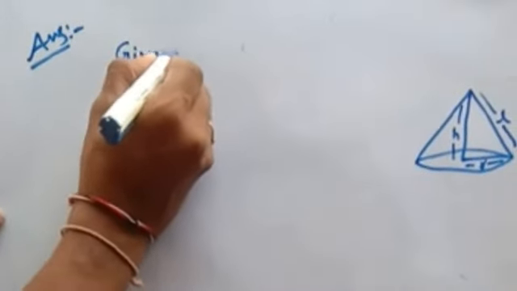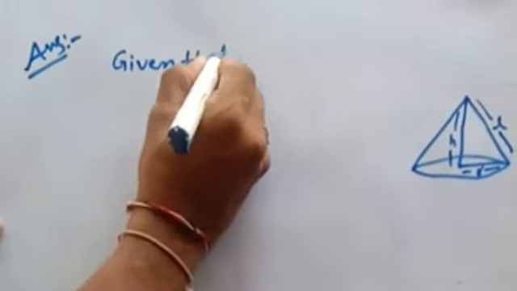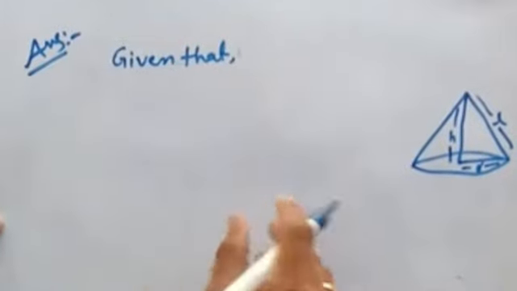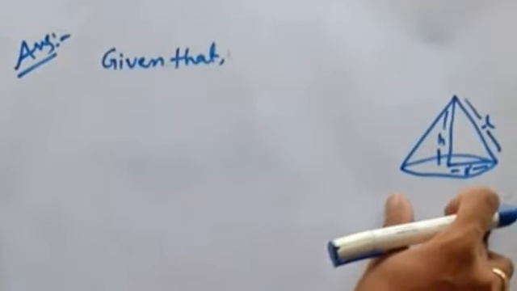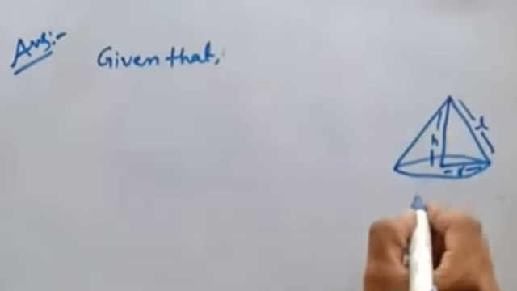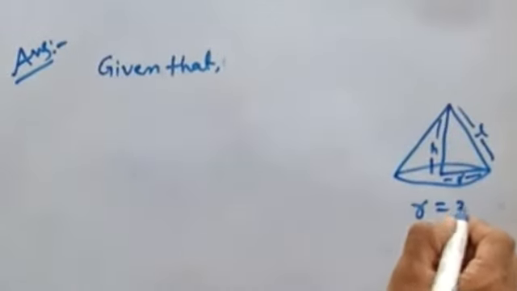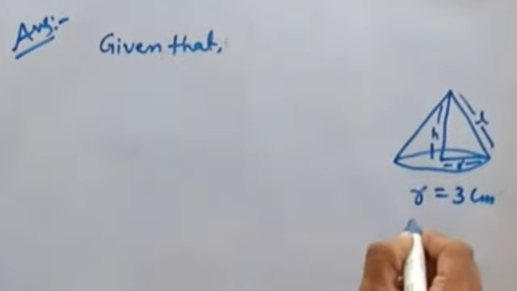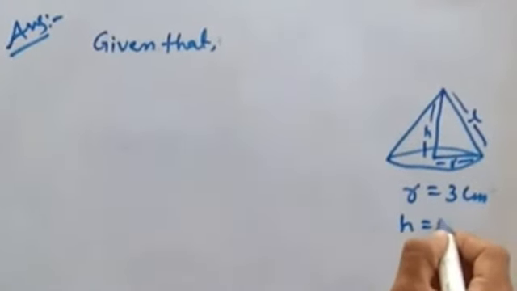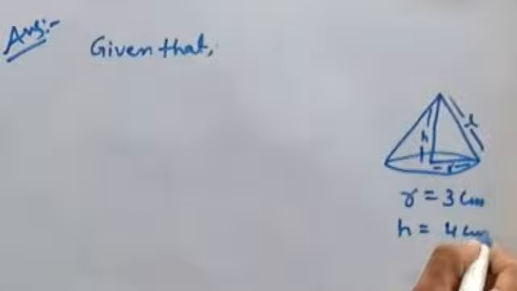Given that, first we can draw the right circular cone. In that right circular cone, radius r is equal to 3 centimeters and height h is equal to 4 centimeters.